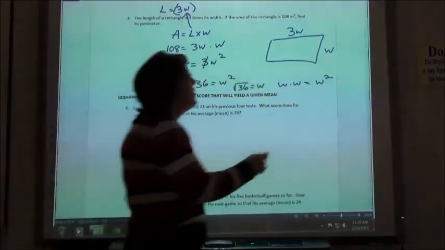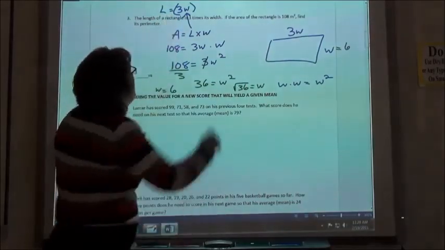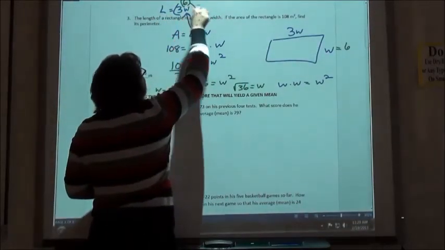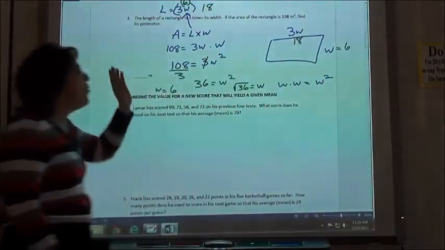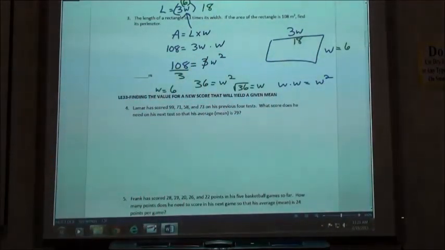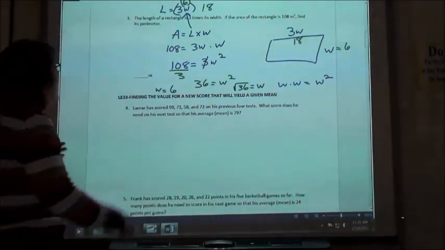So I found my width. My width is 6. I still want to do my length. My length we said was 3 times 6, which is 18. So I know my width and I know my length. The question, however, says to find the perimeter. So now we have to go back to our formula for perimeter.